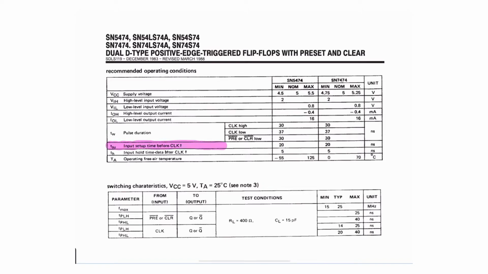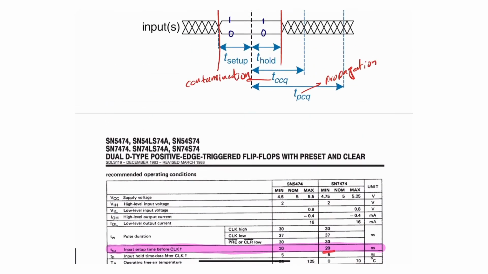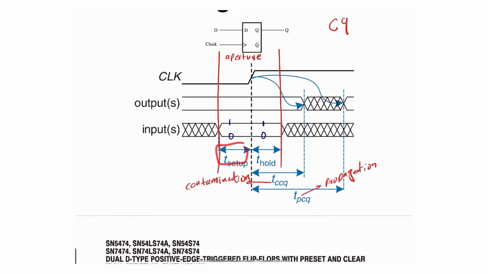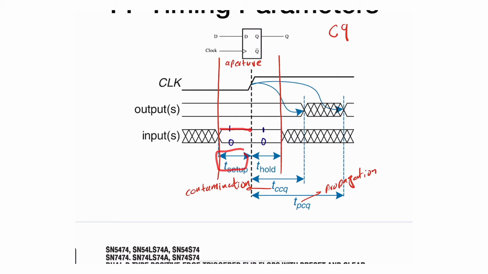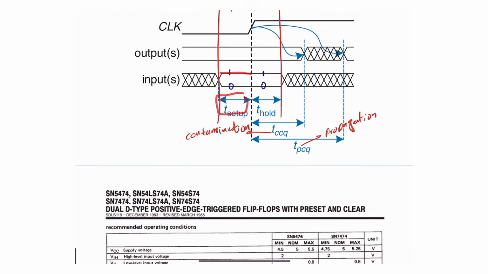So this one here is what is called the setup time. Of course, we have a couple of them like 5474 and 7474, with slight differences. Both of them have D flip-flops, but we're just going to focus on the 7474 here. So this tells me the setup time is 20 nanoseconds. This means I have to stabilize that signal for at least 20 nanoseconds before the active edge of the clock.